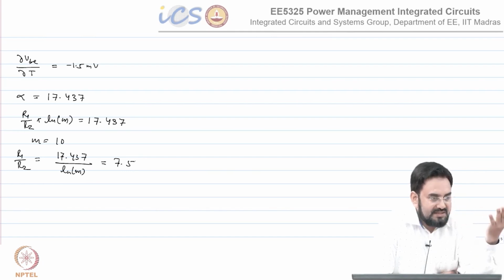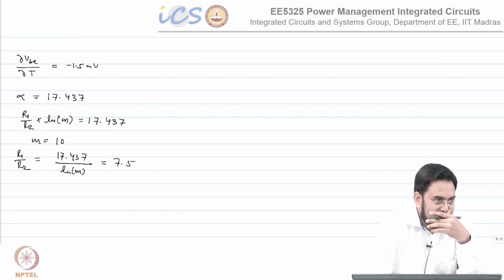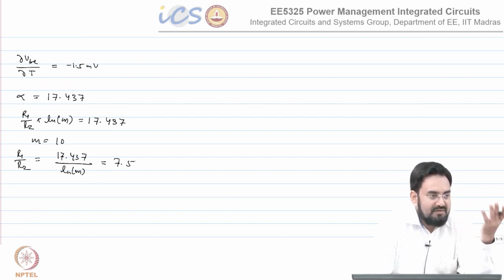So if you make, let's say, even 1 kilo ohm total series resistance, then your current required might be of the order of milliamps, which is pretty huge. Usually these band gaps are built using tens of microamps. So you will be choosing 100k, 50k kind of numbers here.